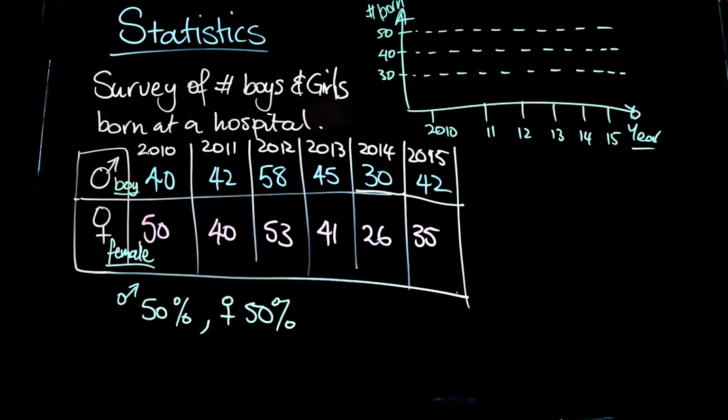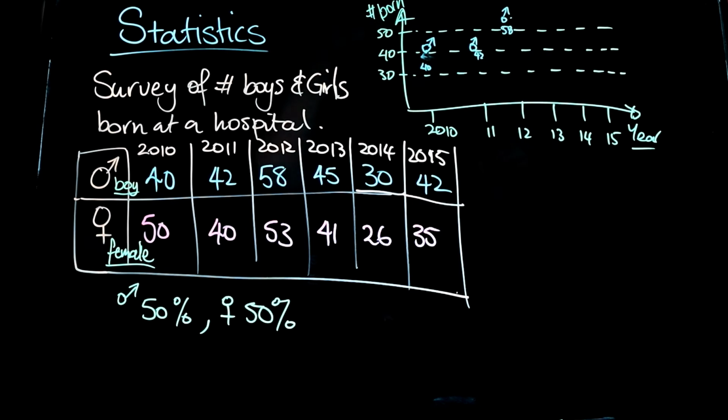Just going to change the color of my pen, and let's put the boys in here, because what would I do? I'd use my symbols. That's 40. Just going to write underneath it, and beside it, let's do all the boys. Okay, so 40. I used the wrong symbol too, didn't I? Boys, 2011, 42. I'm just going to write the number underneath it. 2012 we're at 58, so we're somewhere up here.